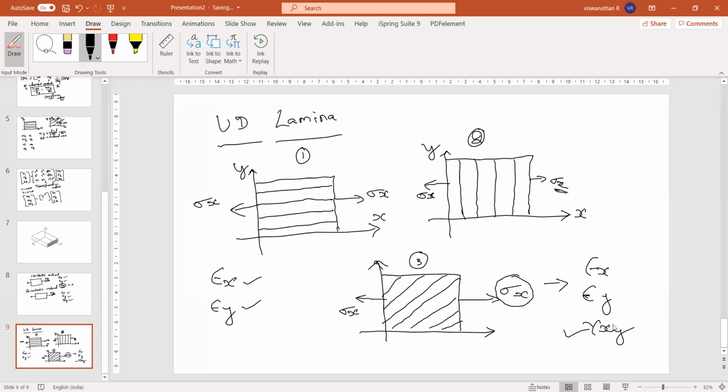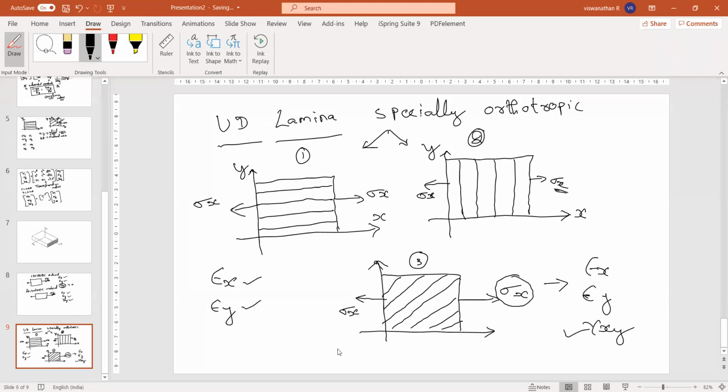Okay, so this is possible. So these two kinds are called as specially orthotropic materials.